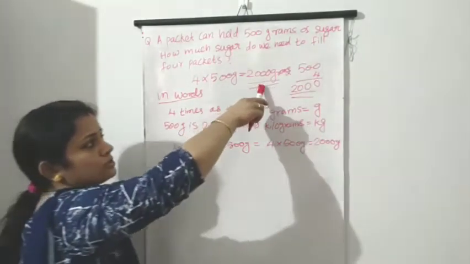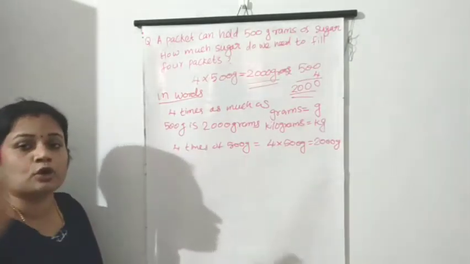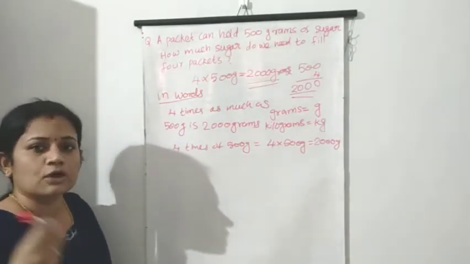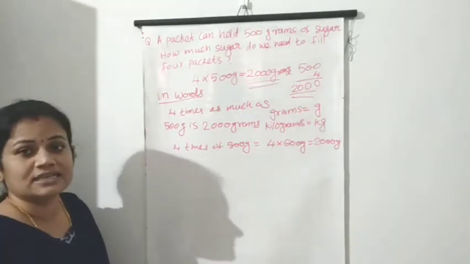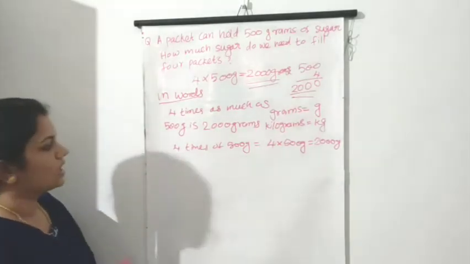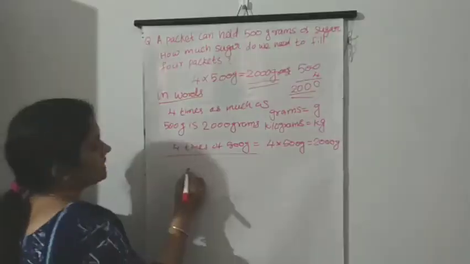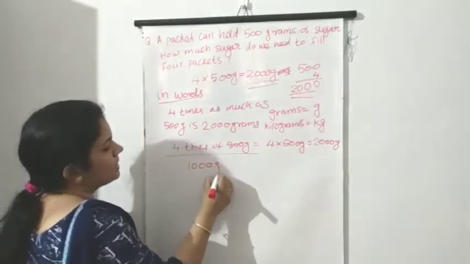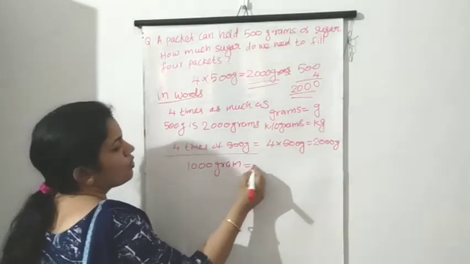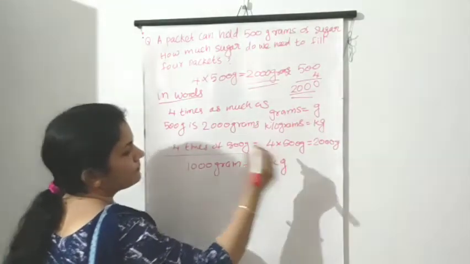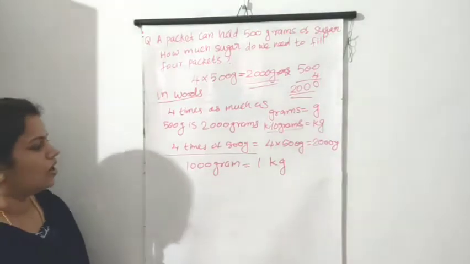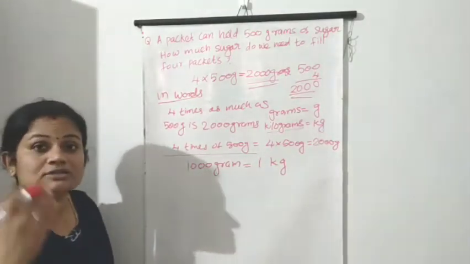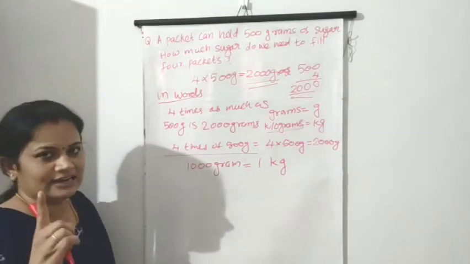So this 2000 gram we need to convert into kilograms. How to convert? So now we are studying some basic units. First of all we can write 1000 gram equal to 1 kilogram. 1 kilogram short form kg. We already studied 1000 milliliter equal to 1 liter.